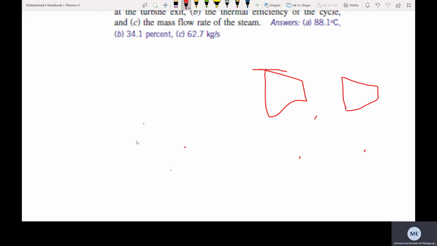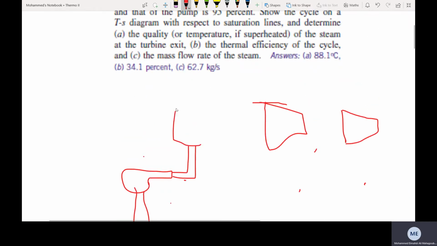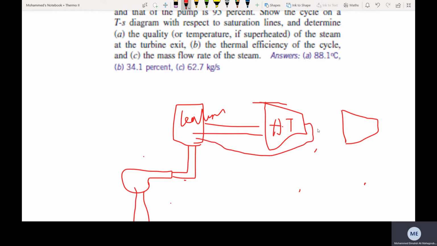Let's say this is the pump, give me this drawing, this is the pump, and now this is the outlet of the pump, and the outlet of the pump will enter the boiler, and then will enter here the high pressure turbine. You need to memorize these. Then from the high pressure turbine it will go here to do a reheating process.